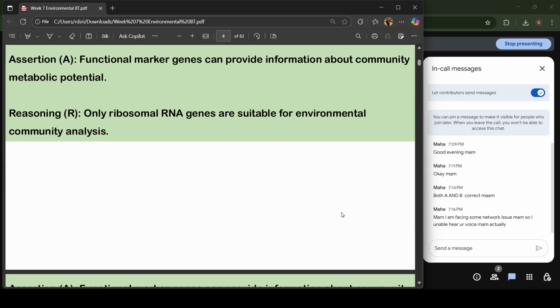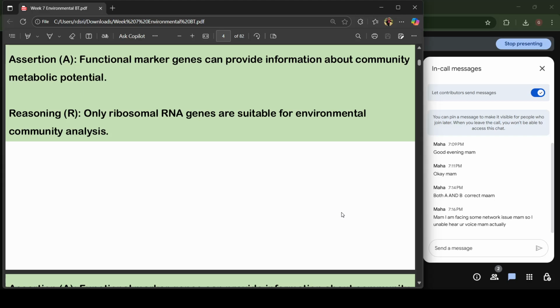Okay. Functional marker genes can provide information about community metabolic potential. That is true, because functional marker genes means these genes are expressed and are functional. From the DNA we are getting an RNA transcript which is then translated into protein.